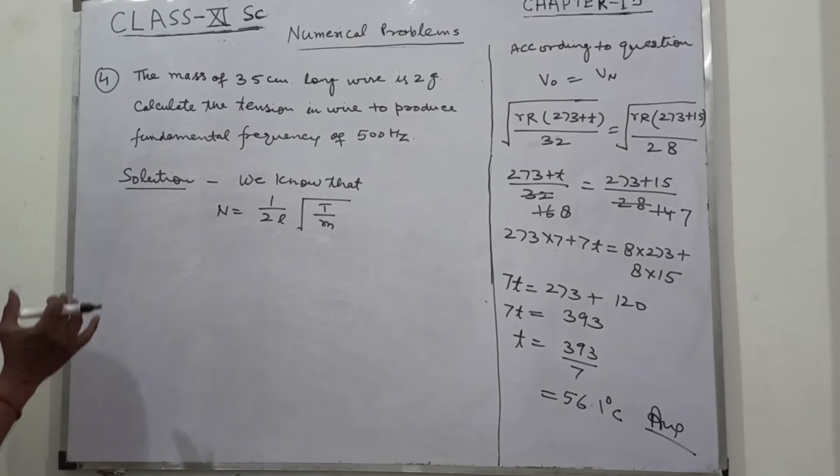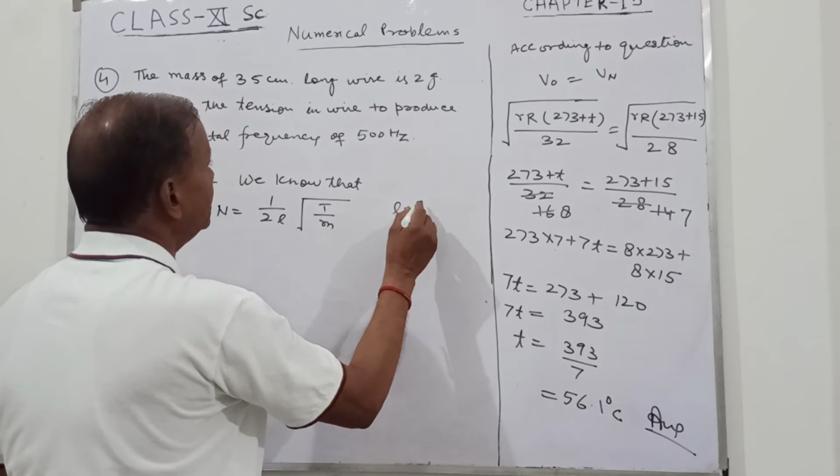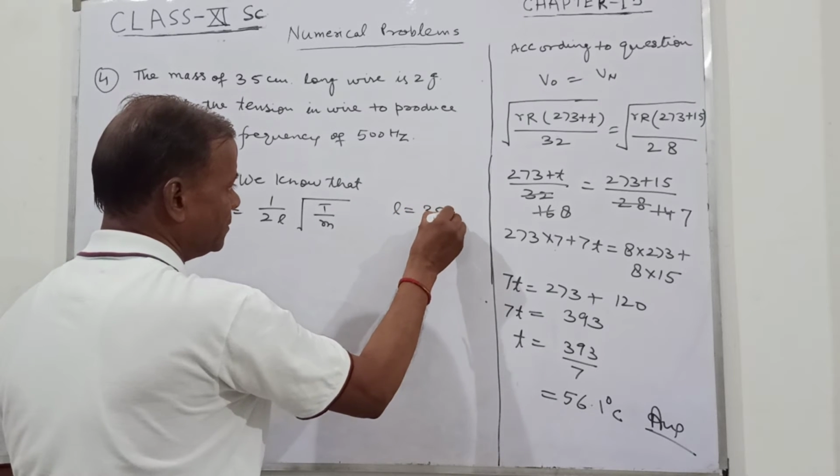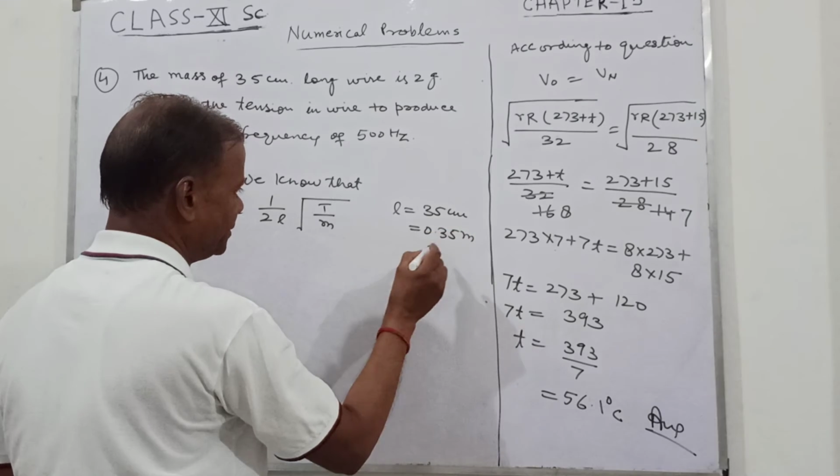So everything is given here. L equal to 35 centimeter, so this is 0.35 meter.